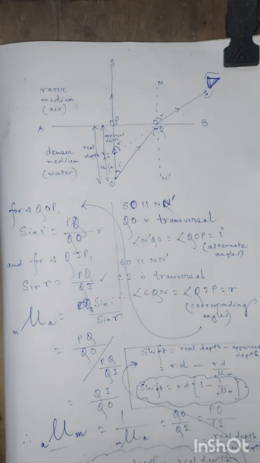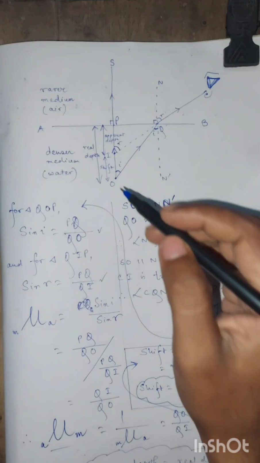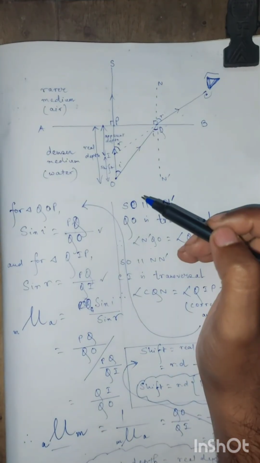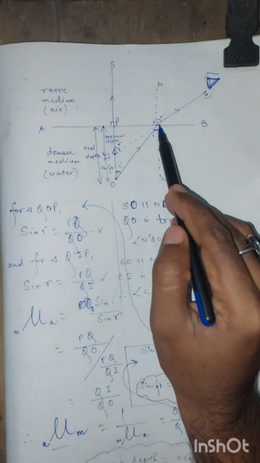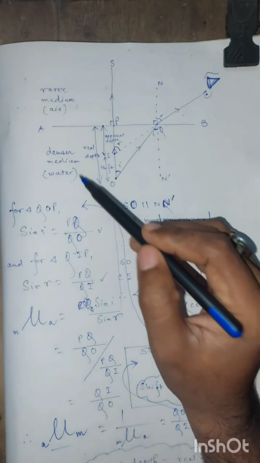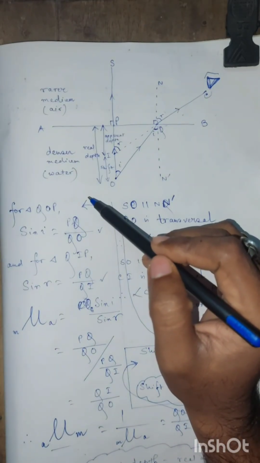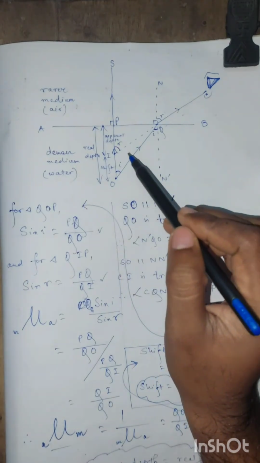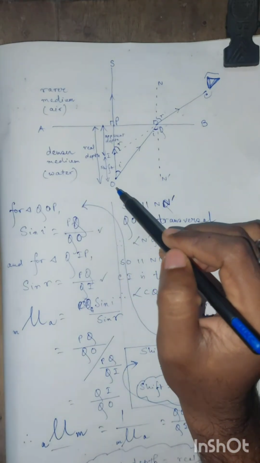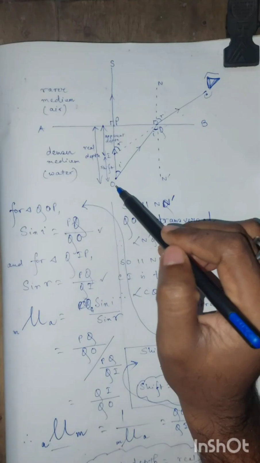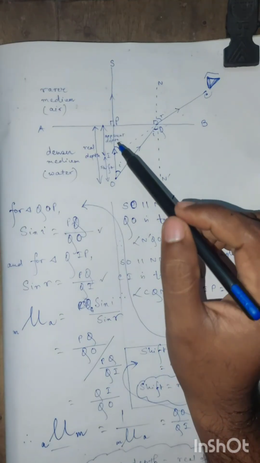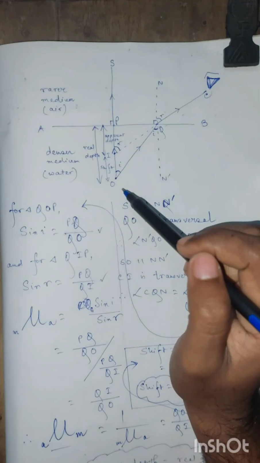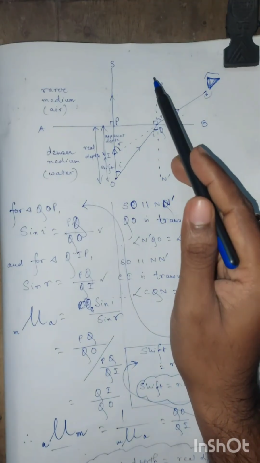So, this is our diagram where O is the object which is placed in a denser medium. We assumed it is water. So inside water we have placed an object and we are observing this object from a rarer medium.